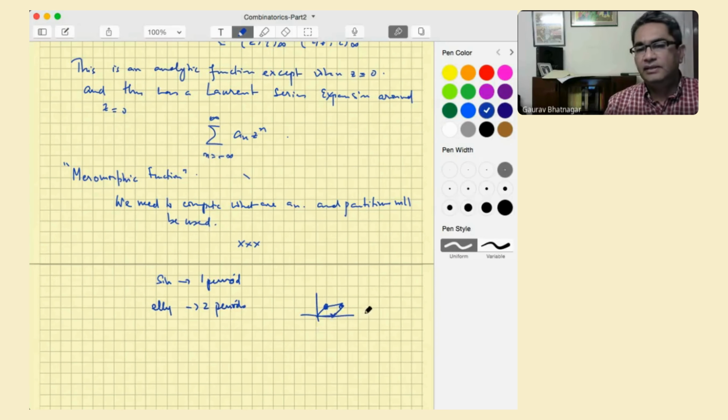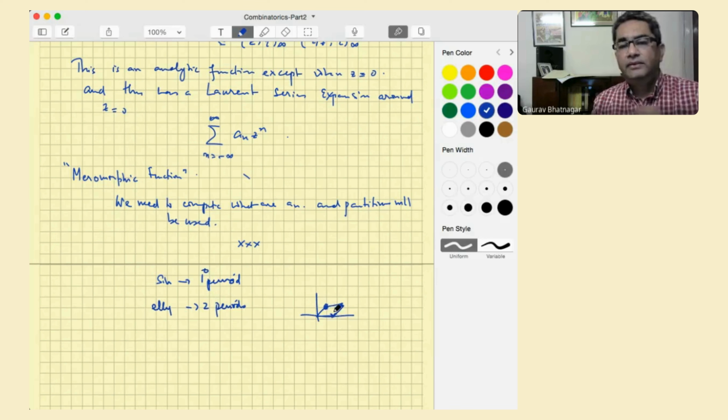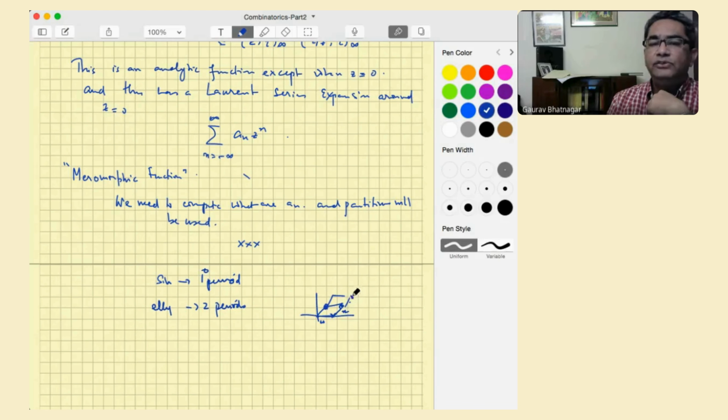There's nothing which has n periods. There are things which have zero periods, like rational functions. Let's say this is a period, this is a period, and they have the same values if you break the grid anywhere. So it's a very natural kind of thing. There is no such thing with three periods. So this is it.